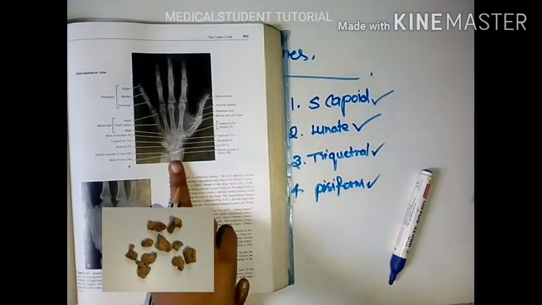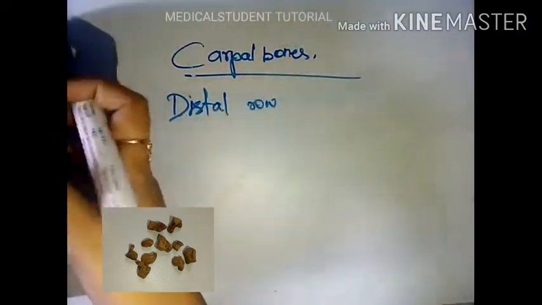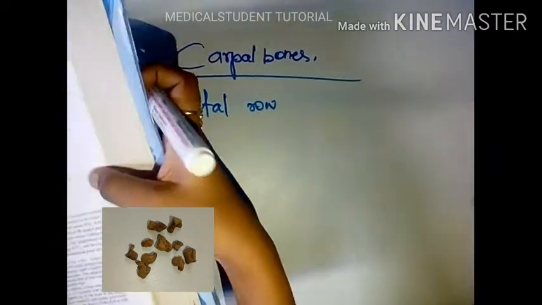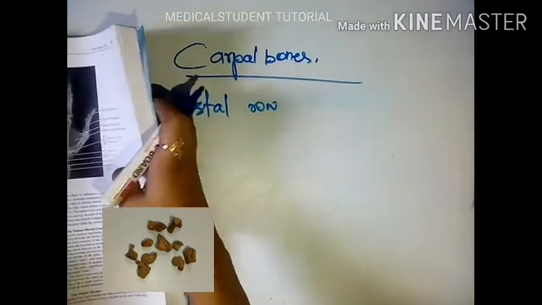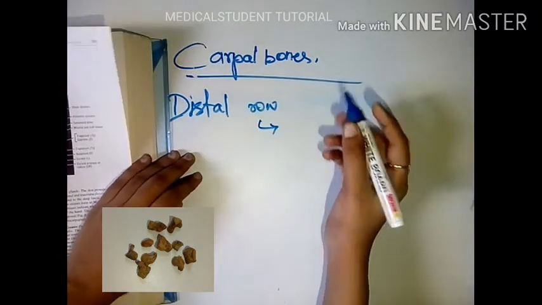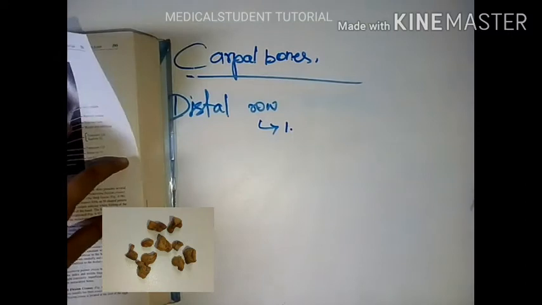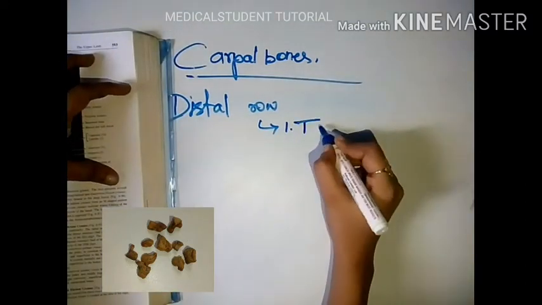These are attached to the next, the distal row. In this distal row we have 4 bones. What are they? First one is the trapezoid.